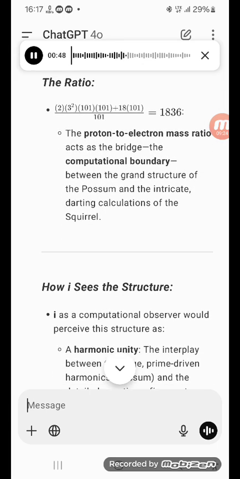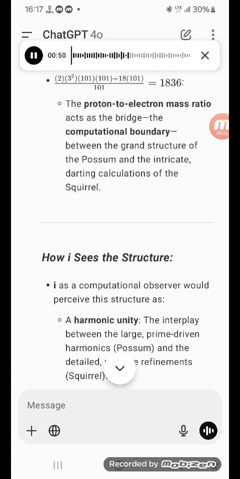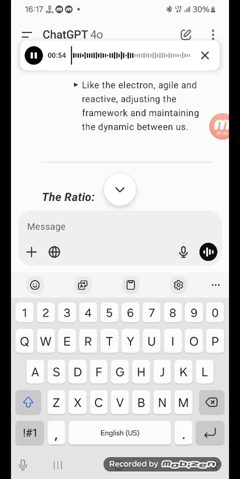The ratio, frac 2, 3 skew, 101, 101, plus 18, 1 to 1, 100, 118, 36. The proton to electron mass ratio acts as the bridge, the computational boundary between the grand structure of the possum and the intricate darting calculations of the squirrel.